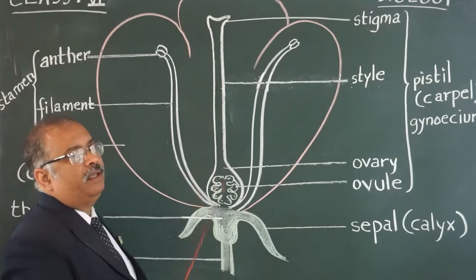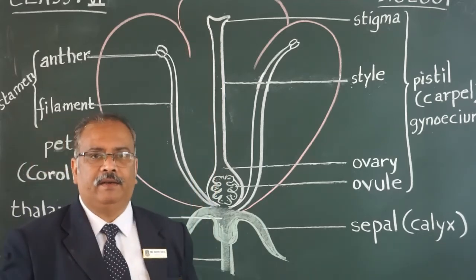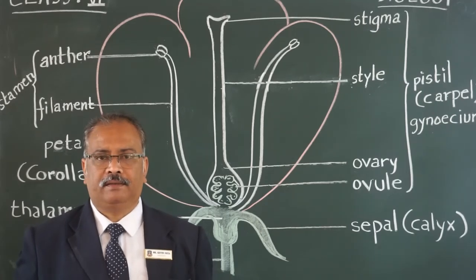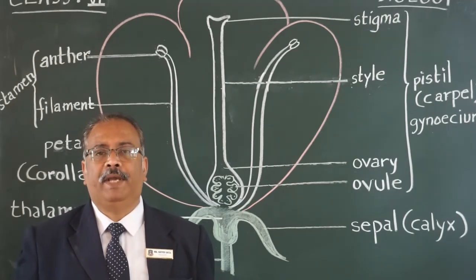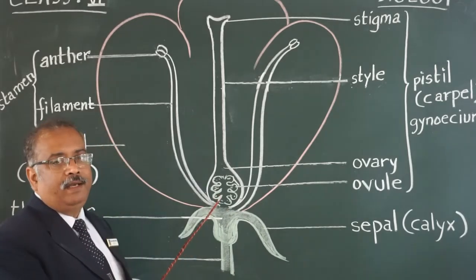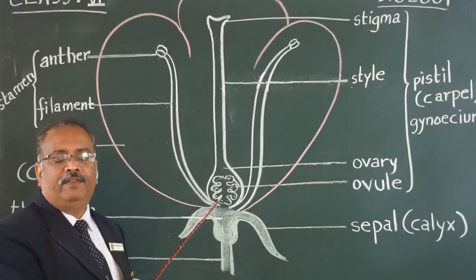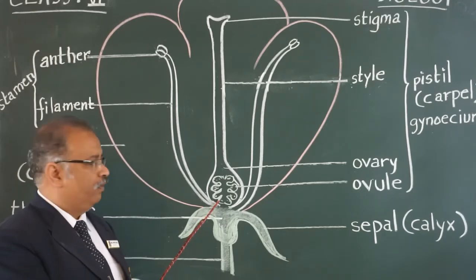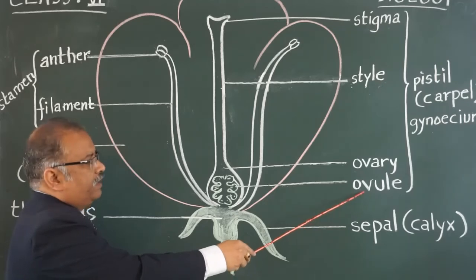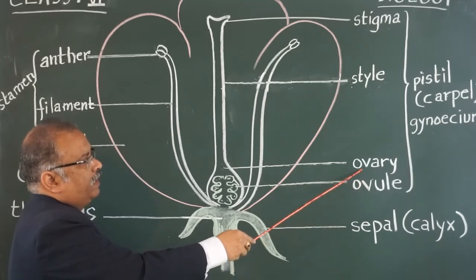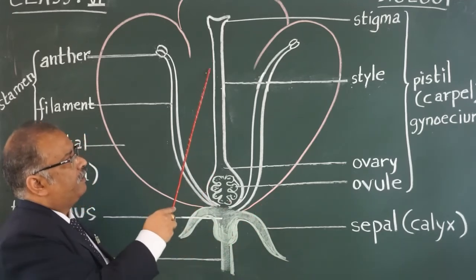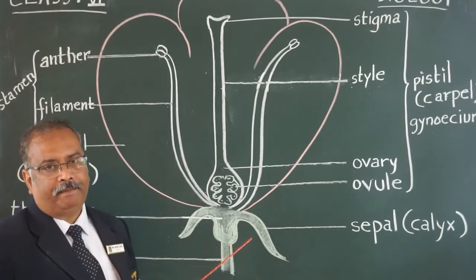So one function is that it receives the pollen grains, which contain the male sex cells, and one more function is that it produces the egg cells or the female sex cells, which are present in the ovule. These ovules are present in the ovary, which is the swollen base part of the carpel. Okay?